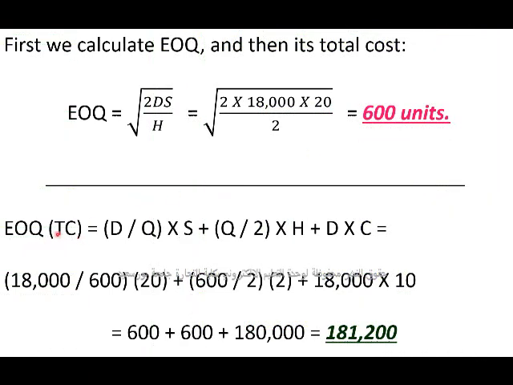The total cost for EEQ, you can apply on this equation. As you can realize from this, the total cost will be 181,200. Then you calculate the total cost for each discount, as you can see in the next slide.